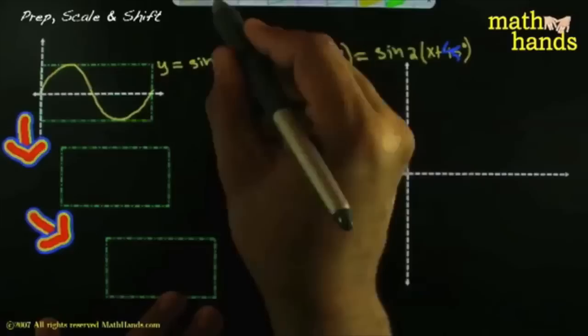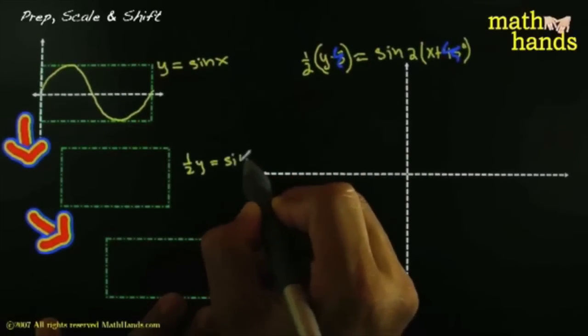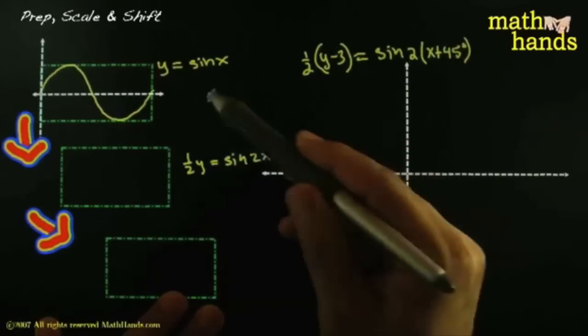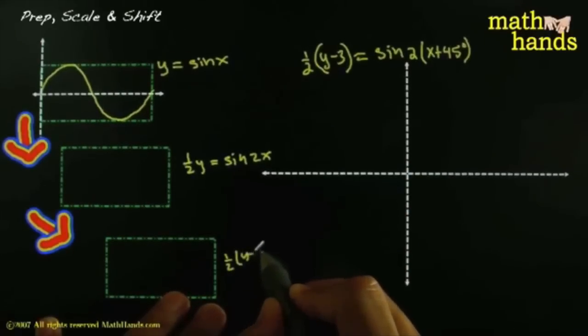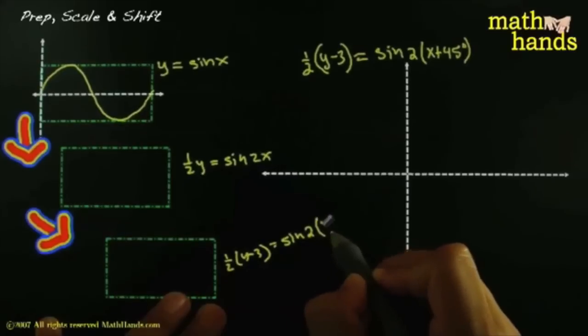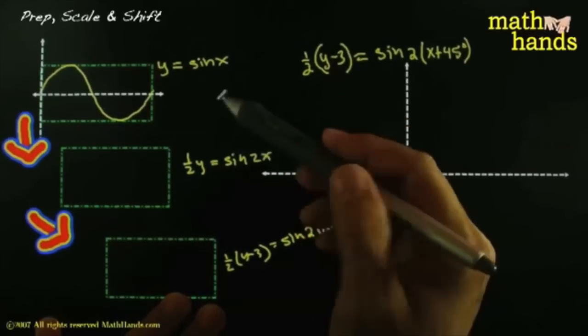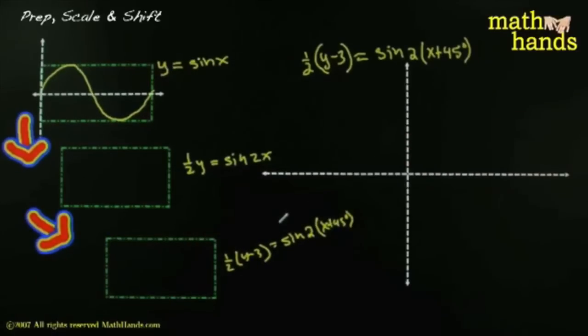If I can get to 1/2 y is equal to sine 2x, I'll be in good shape, because from there to there, this will have the scale. From there to there, it'll be easy. I'll just replace the y with y minus 3, and the x with x plus 45 degrees, and it'll just be a shift. From here to here, it'll be easy. It'll just be a scale. From here to here, it'll be easy. It'll just be a shift. Okay?